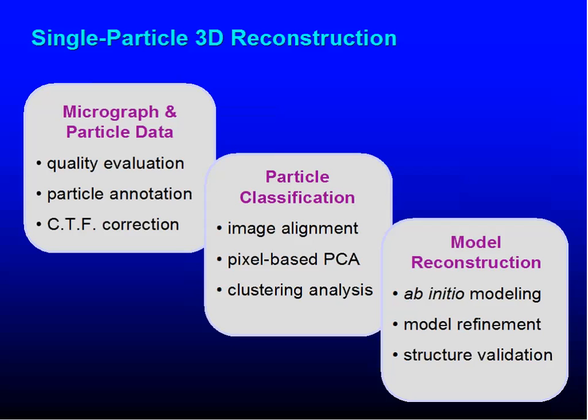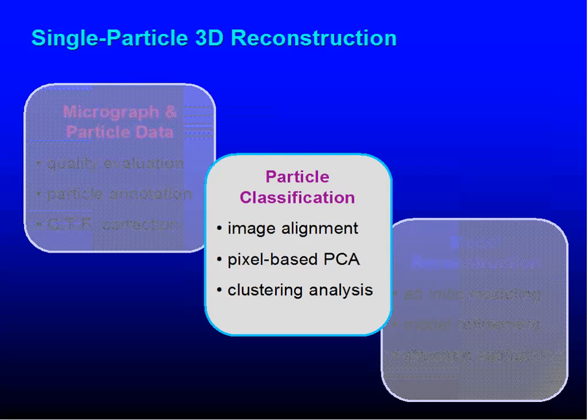And at the other end of this pipeline, the 3D model reconstruction, for ab initio modeling, heavily relies on the quality of the particle classes. Therefore, the particle package offers a new classification technique, which is unbiased and without requiring any pre-image alignment. So I'm going to introduce this method in the next few minutes.